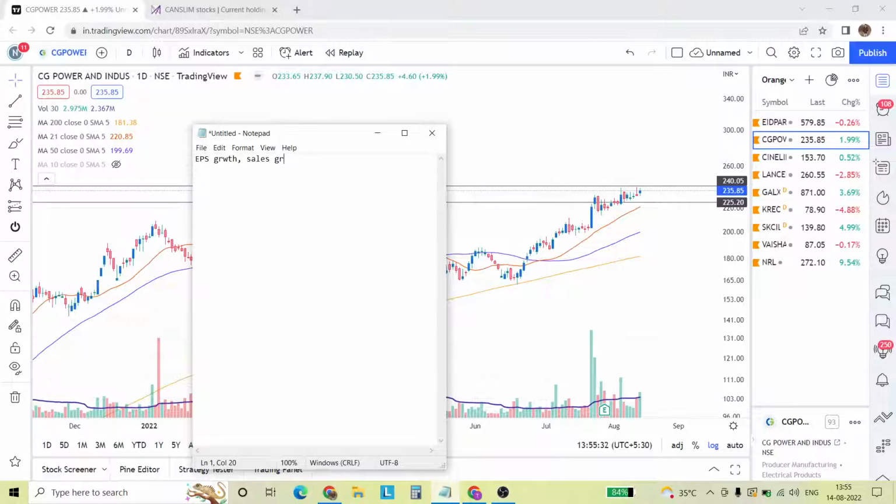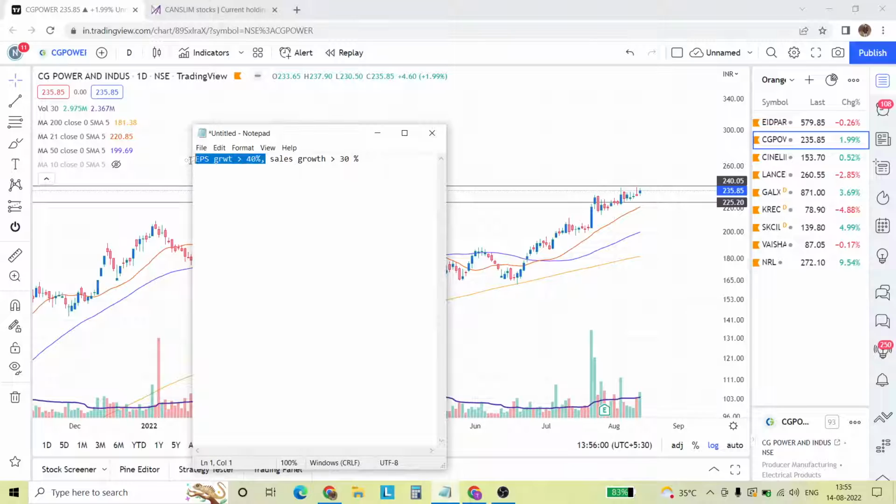I'll be filtering it in MarketSmith, a tool, where EPS growth for the last quarter is greater than 40% and sales growth is greater than, let's say, 30%.